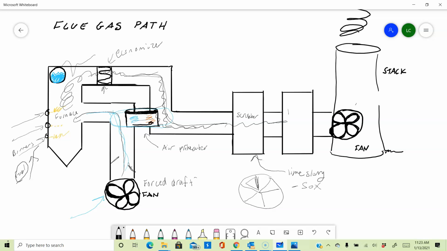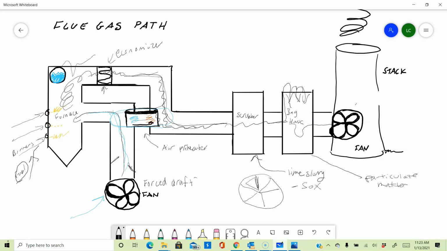Then there may be a baghouse here, which is essentially a house of bags that collects the air. It will go through these filter bags and collect all the particulate matter, which is all the black stuff no one wants to see coming out of the stack. People get upset.